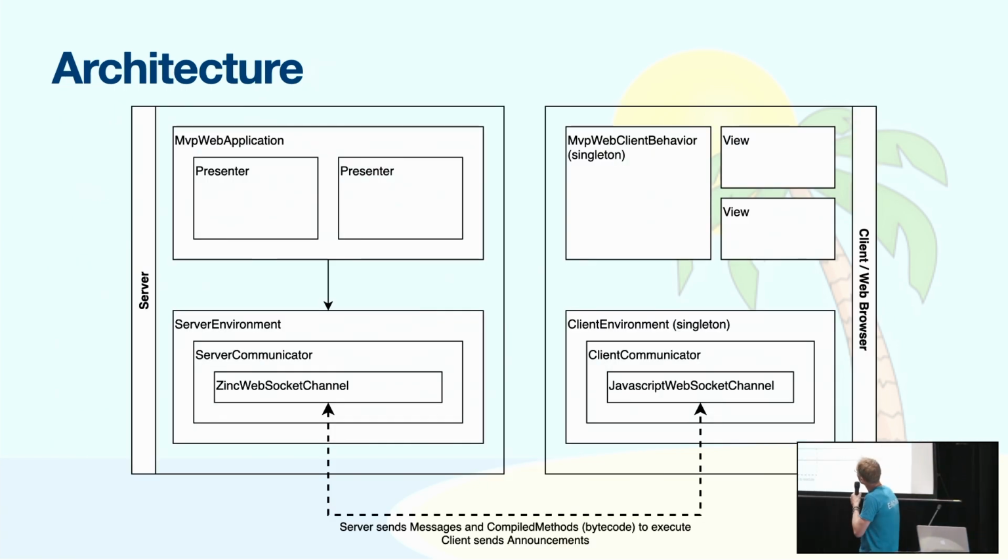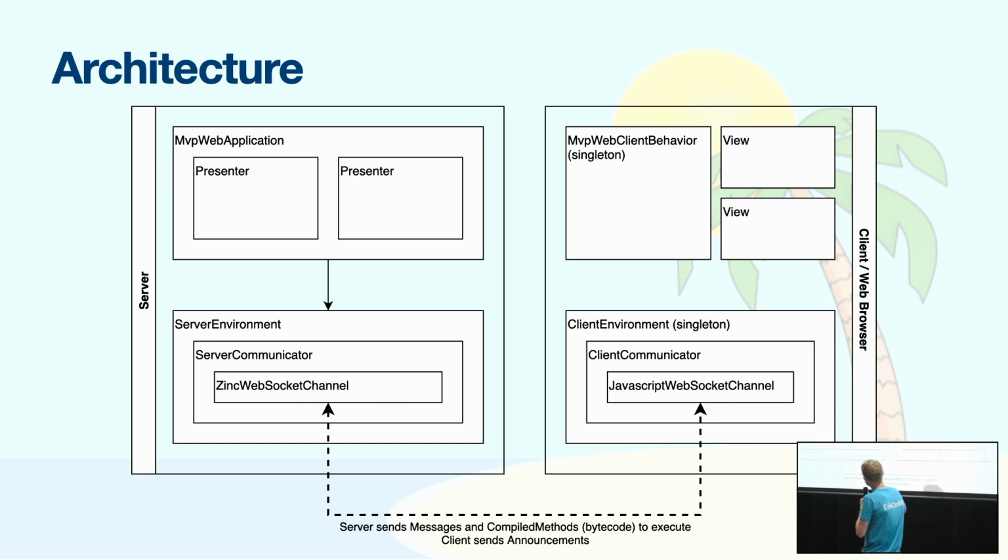Slight detail there for anyone interested in how it is set up. In the web browser, you have this tiny image which has a so-called client environment with a communicator and a WebSocket channel. On the server side, we have the same setup, but it's the server variant. It's based on Teapot, by the way, the WebSockets. The views are run in the browser, of course, and there's one class which is the client behavior that allows you to add some startup things to your application.